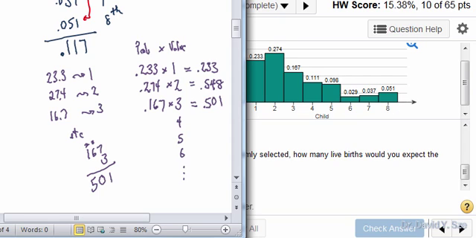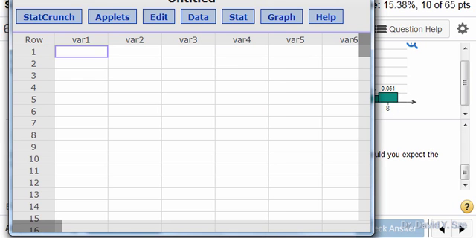It's possible to do this calculation in StatCrunch. I'm not a big fan because it doesn't tell you very much of why this calculation works. But I'll show it to you anyways. So here I've opened up a window with just plain StatCrunch with nothing in it.